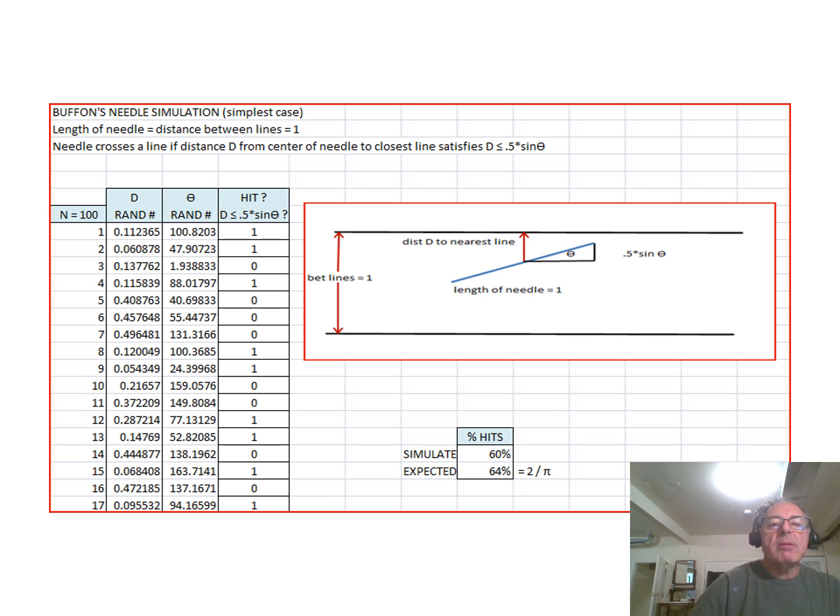Here's another famous problem. It's Buffon's needle. I'm probably mispronouncing that. He was a French mathematician, I believe in the 1700s.